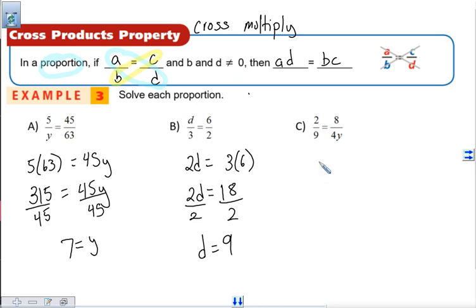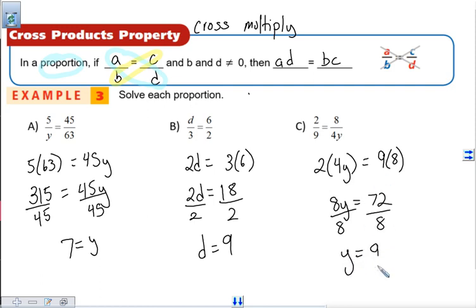And same thing on the next one, cross multiplying. So 2 times 4y equals 9 times 8. 2 times 4y is 8y equals 72. Divide by 8 on both sides, and y equals 9.